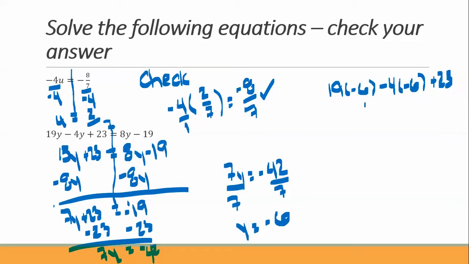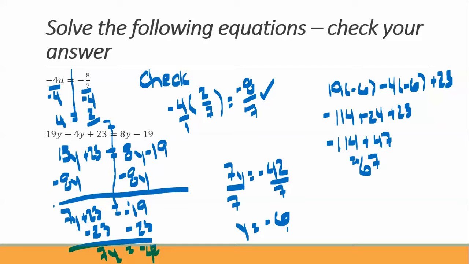So 19 times negative 6 would be negative 114, minus 4 times negative 6 would be plus 24 plus 23, so that's negative 114 plus 47, so that is, let's see, we're subtracting, so we have 14 minus 7 is 7, that became a 10, so negative 67.